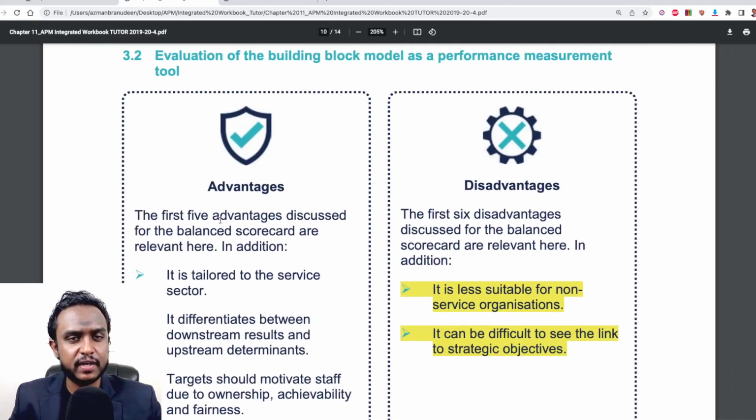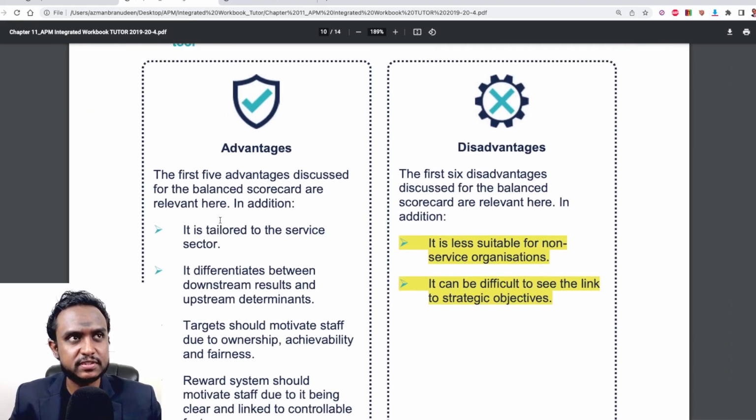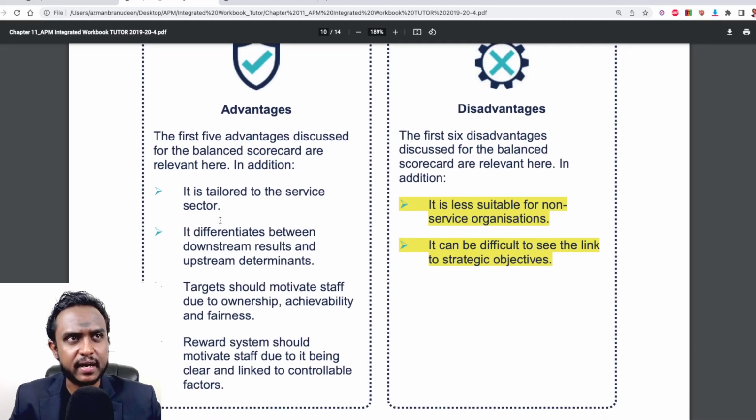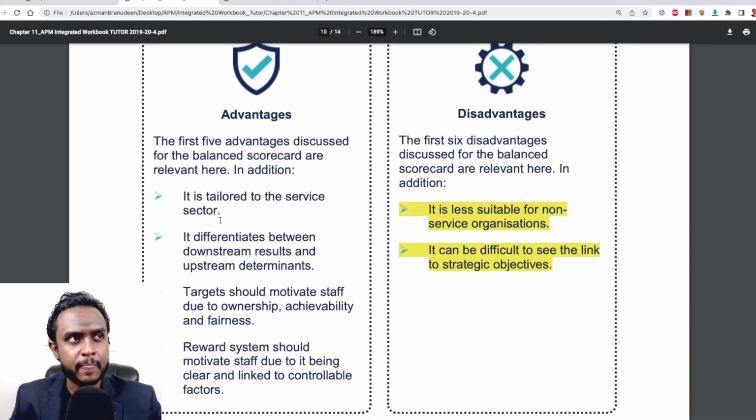In terms of using the building block model as a performance measurement tool, there are advantages and disadvantages. The advantages we looked at for the balanced scorecard as a general financial and non-financial performance management tool are relevant here as well. In addition, the building block model is tailored to the service industry.